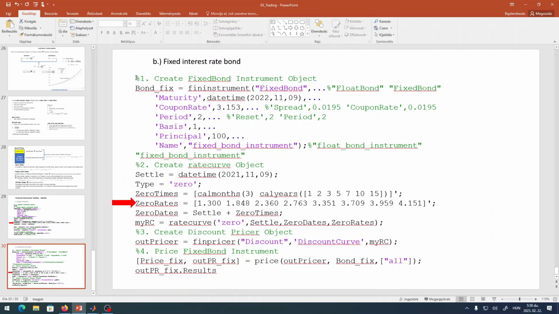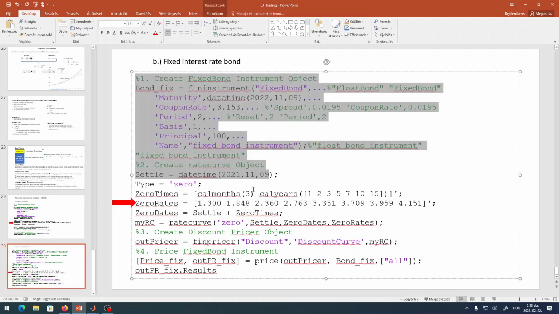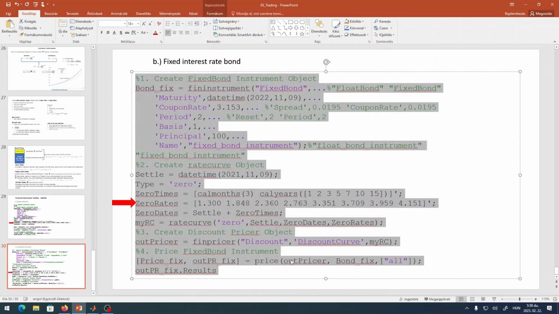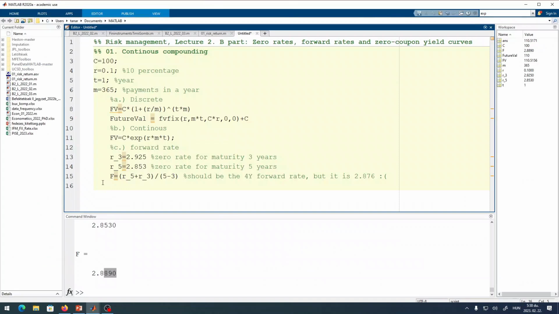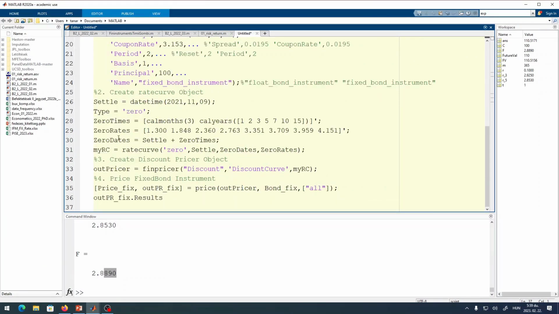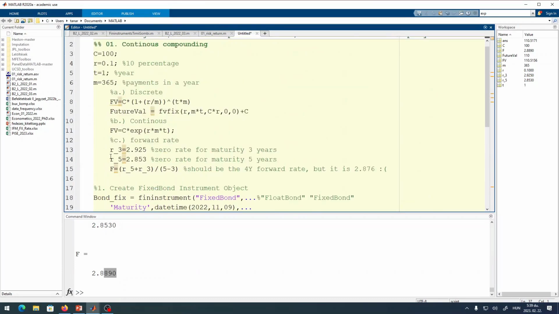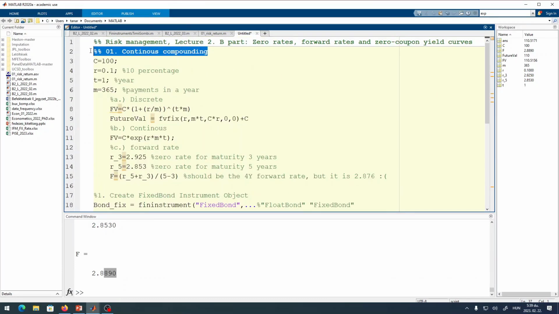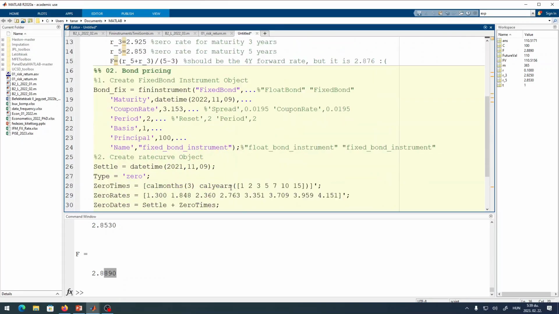So if you are opening the PowerPoint, okay, we can just copy everything. It's not continuous compounding now, it's bond pricing.